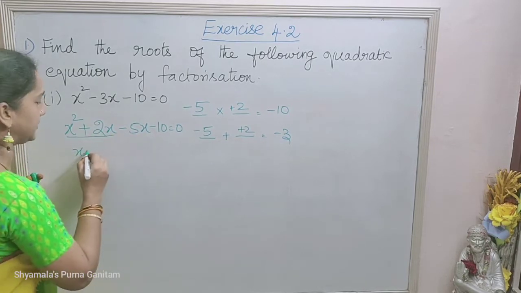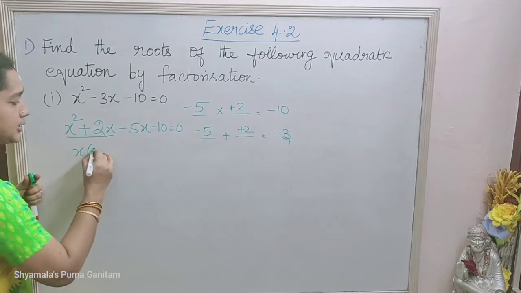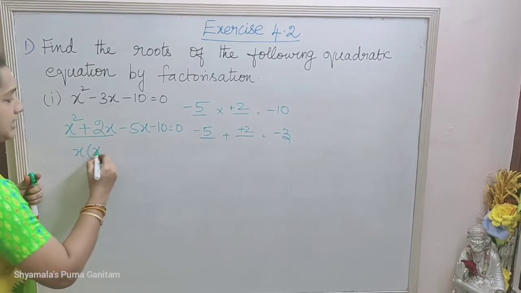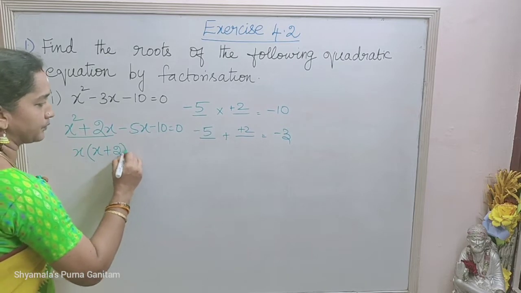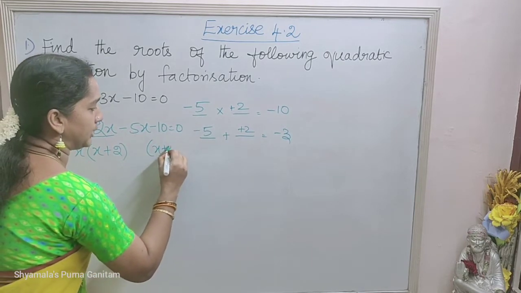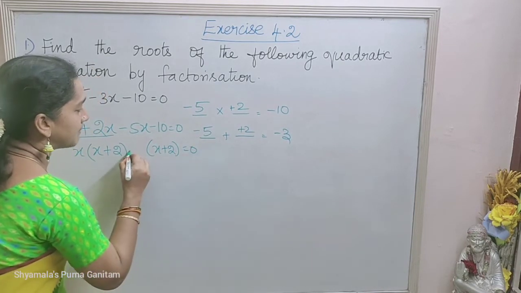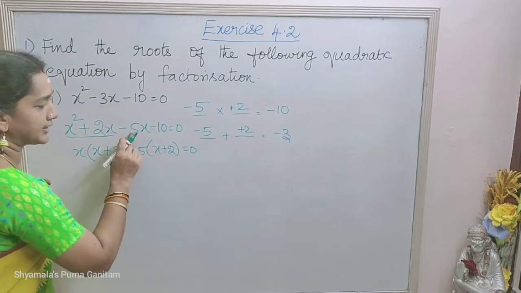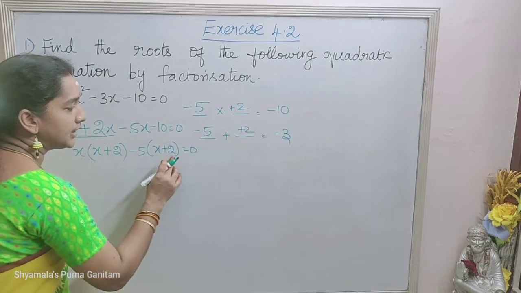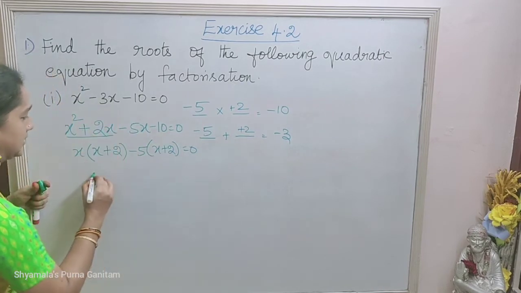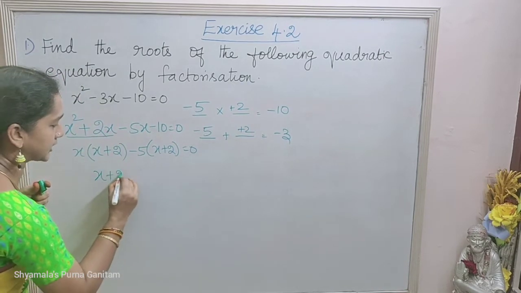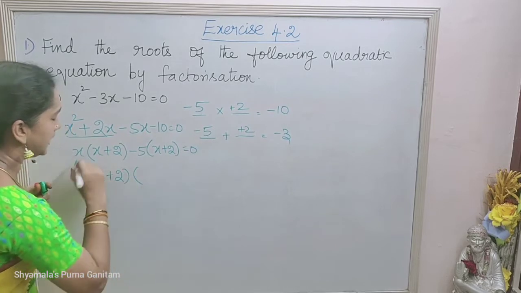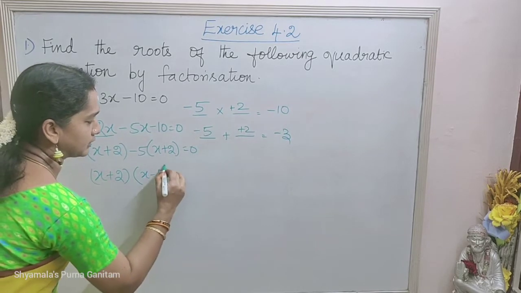Take the first two terms; x is common, so I take x out, and the balance is x plus 2. The same x plus 2 should be here, so I take minus 5 out: minus 5 into x is minus 5x, and minus 5 into plus 2 is minus 10. Now x plus 2 is common, and I take it out; the balance is x minus 5.